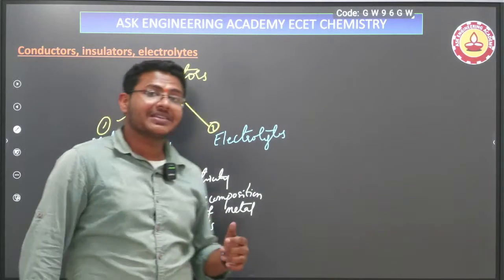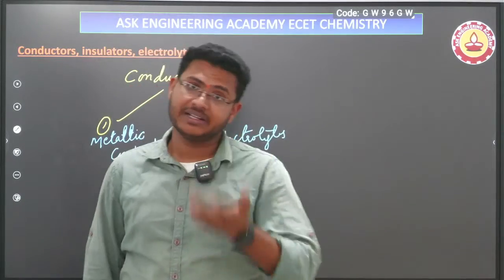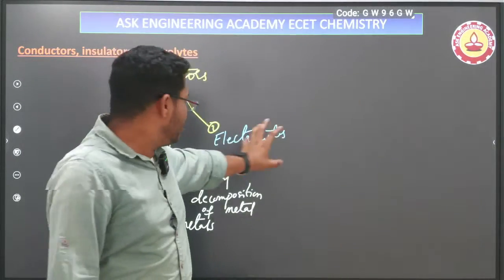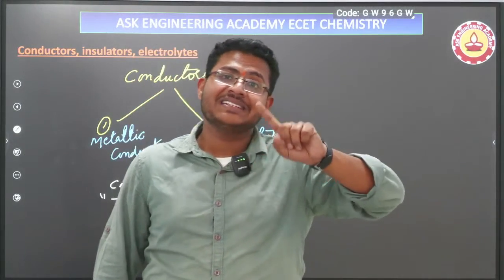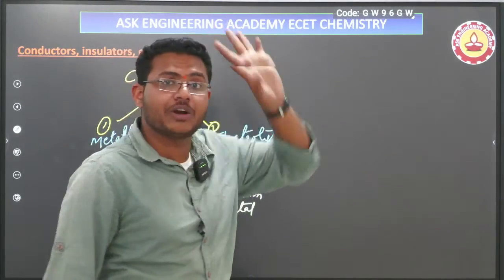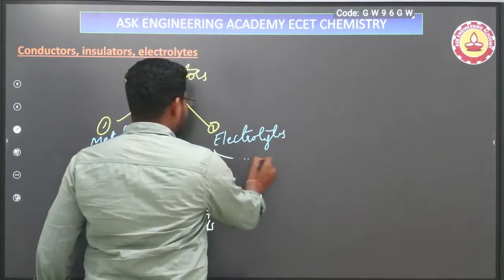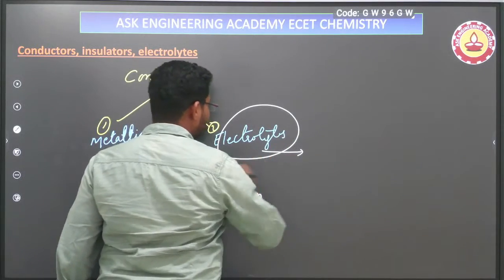What are electrolytes? Electrolytes are a special kind of conductors, but they are also good conductors of electricity. They also allow electric current, but there is a chance of decomposition of electrodes.